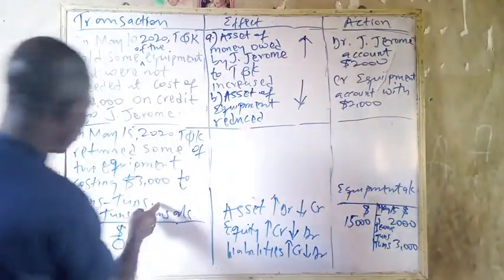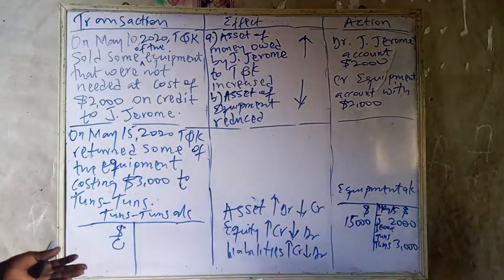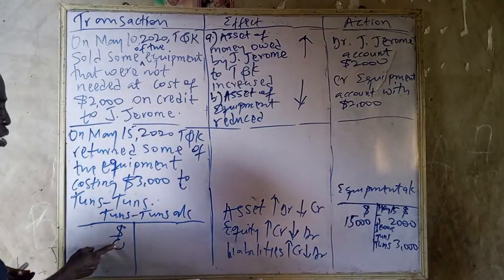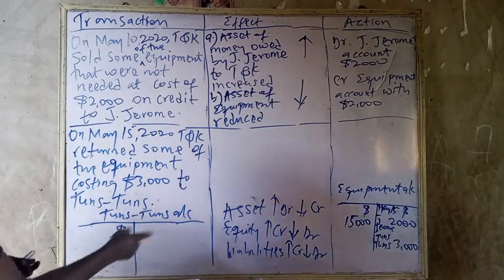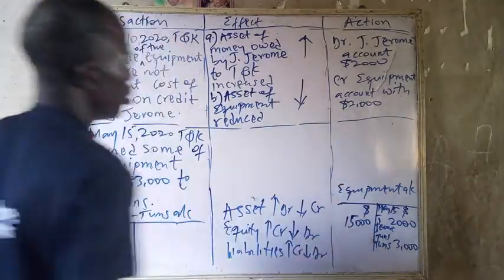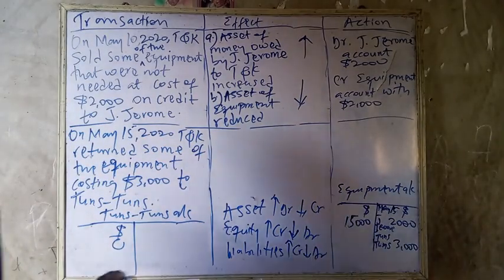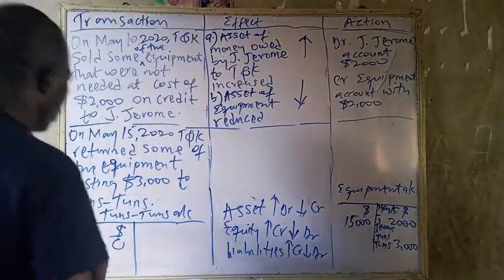You debit. Toons account is a liability account. As of yesterday, we had not returned goods to him, it was still $15,000. They were owing him.